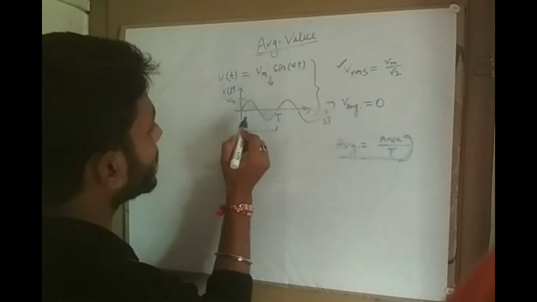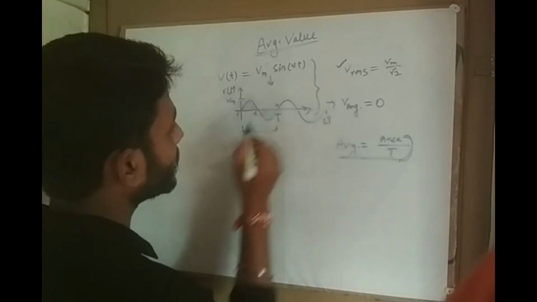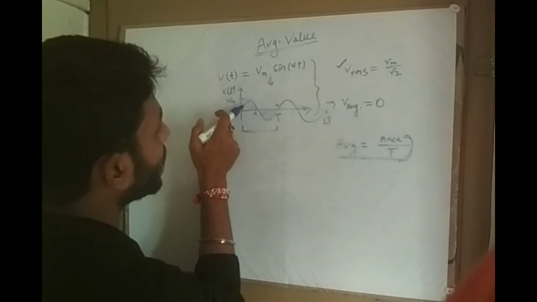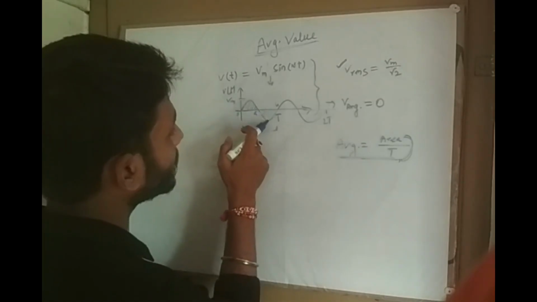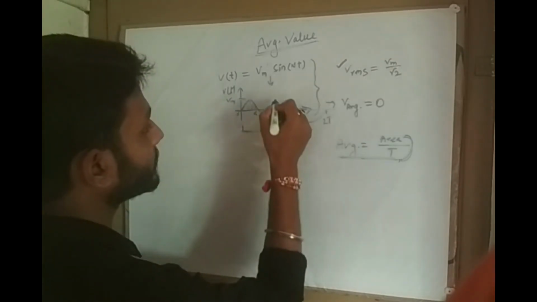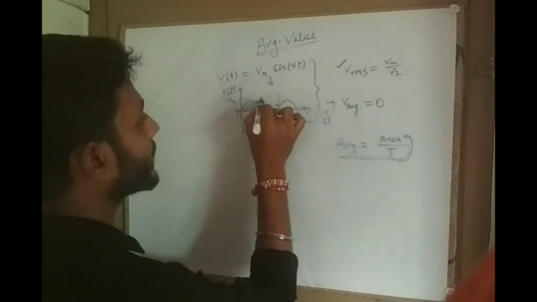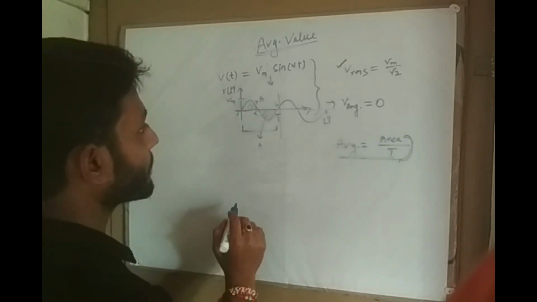From 0 to A or A to B, whatever is the area covered by this one is nothing but the same as the area covered by this wave shape. That means if this one area is capital A, this part's area is also capital A.